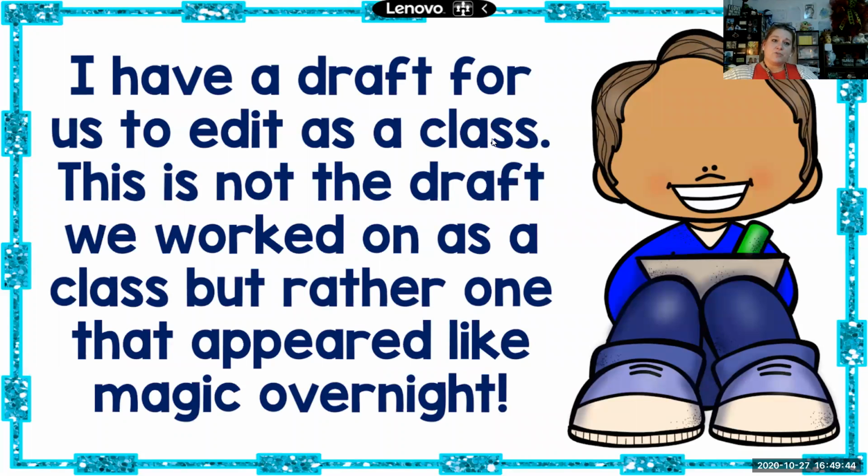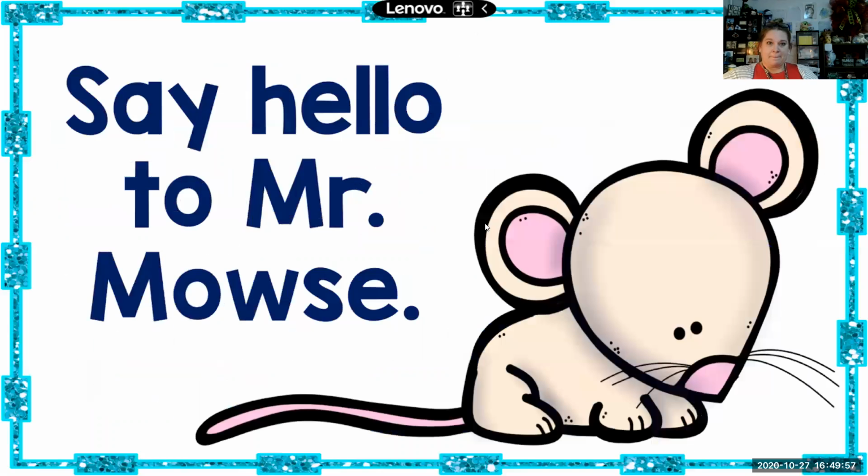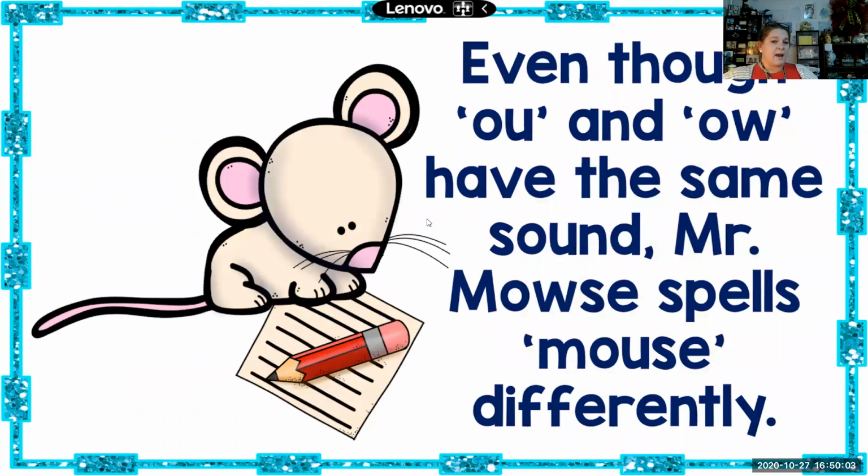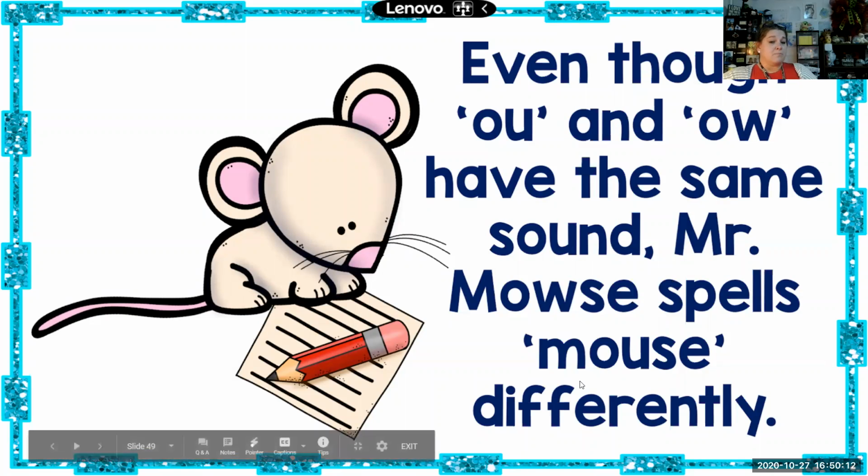So I have a draft for us to edit as a class, okay? This is not the draft that we worked on together as a class yesterday, but rather one that appeared like magic overnight. So say hello to my friend, Mr. Mouse. Even though ow and ow have the same sound, O-U and O-W, Mr. Mouse spells mouse differently.